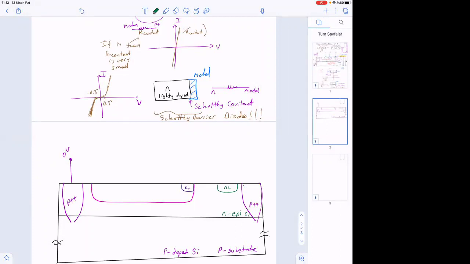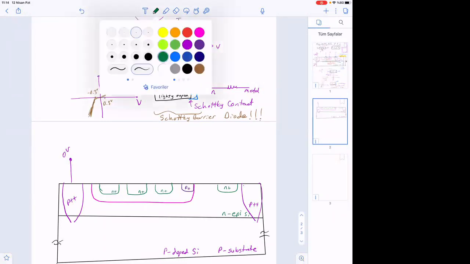Now I'll draw maybe a little bit more actual drawing here, and then in the layout we can draw this N+, N+, and N+, more than once.